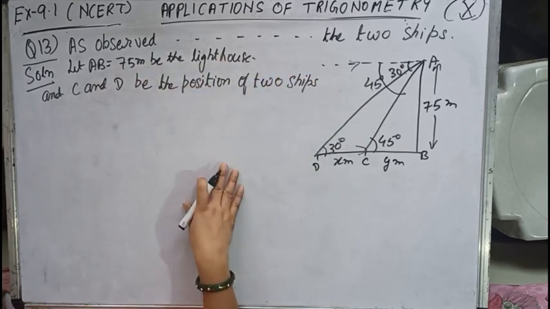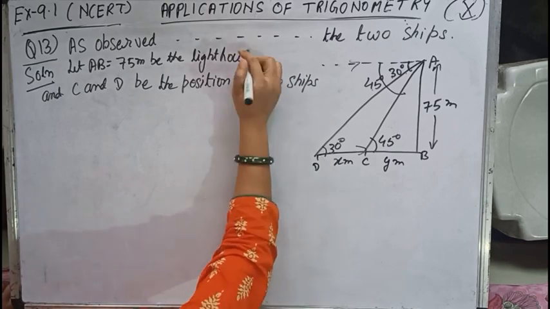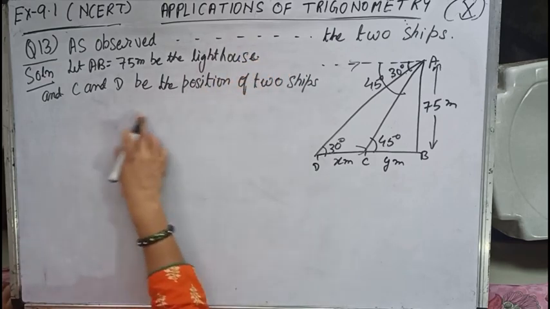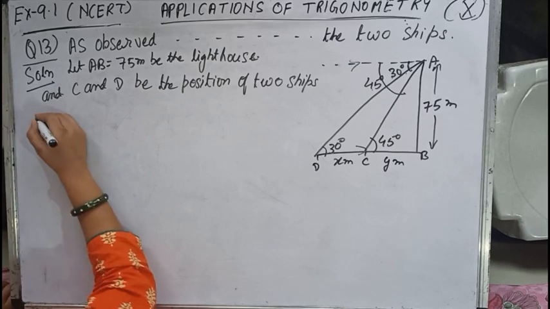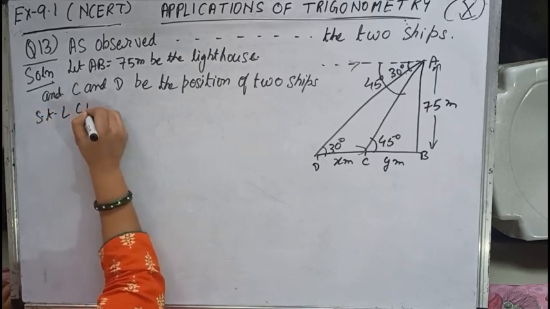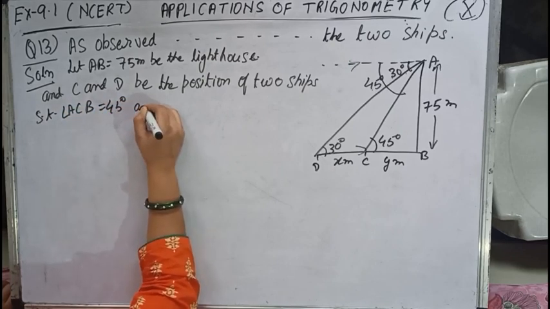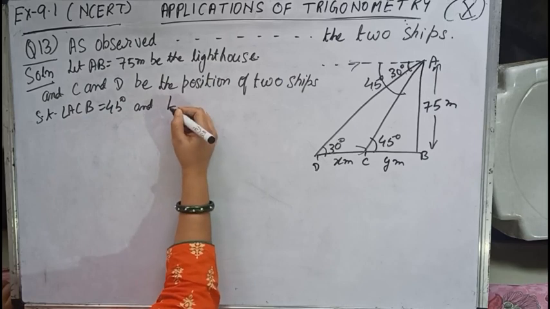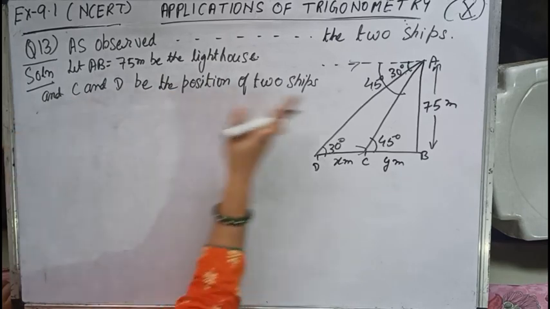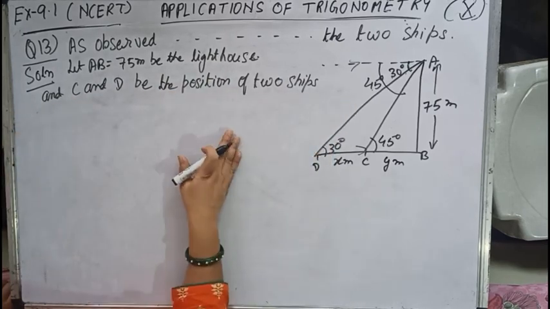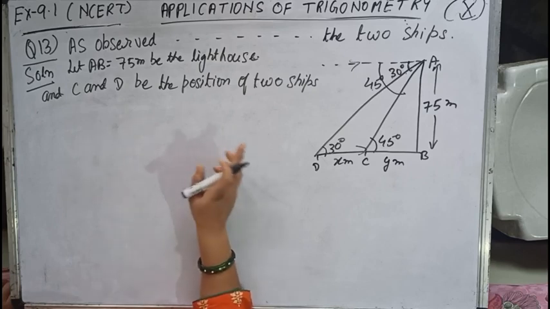Children, you can mold the statement or frame the statements by your own. C and D be the position of the two ships such that angle ACB equals to 45 degree and, don't write angle because it is angle of depression over here. More writing will make a story.